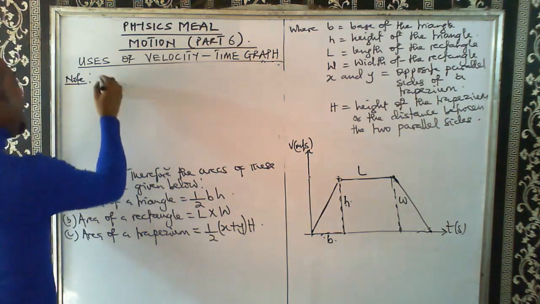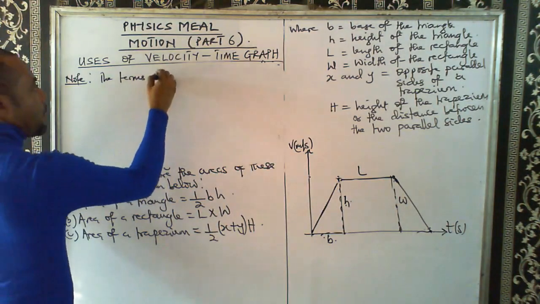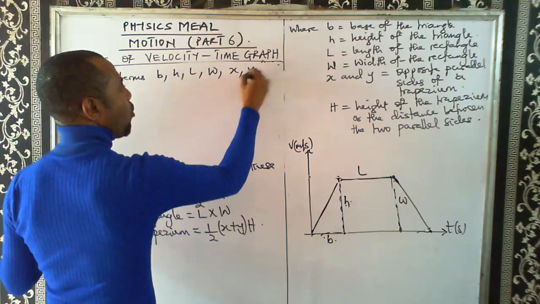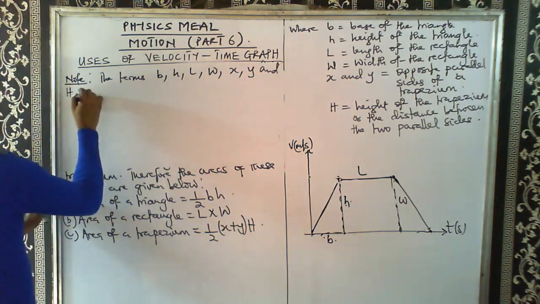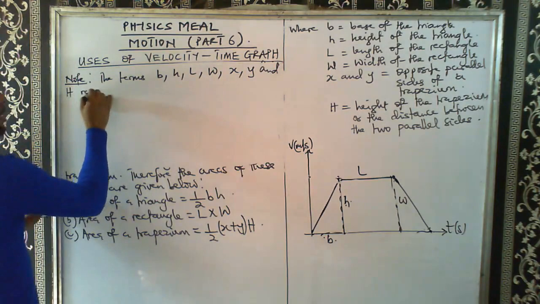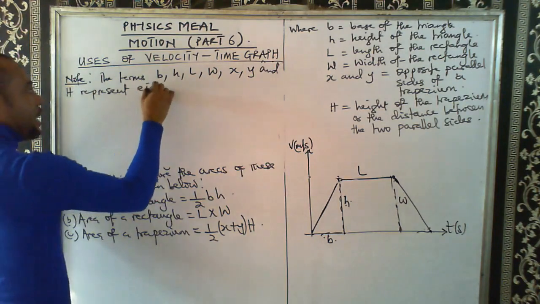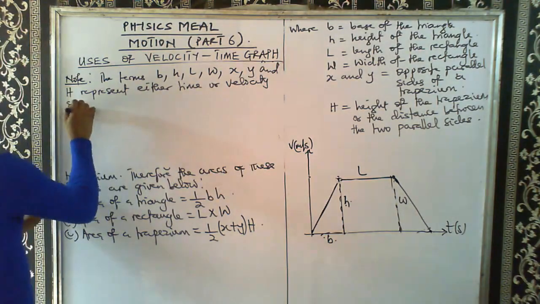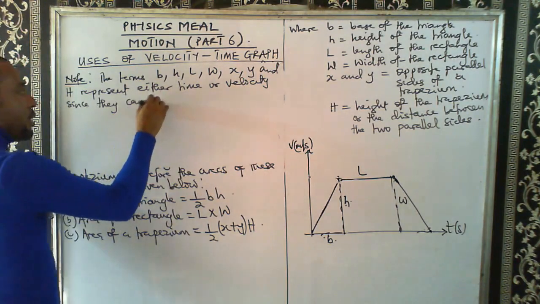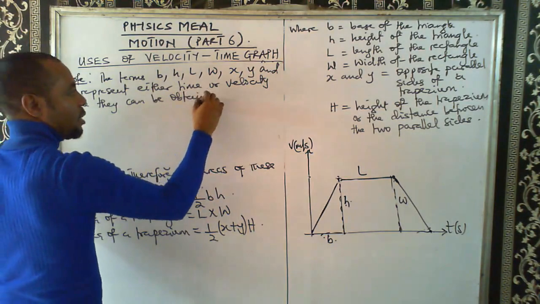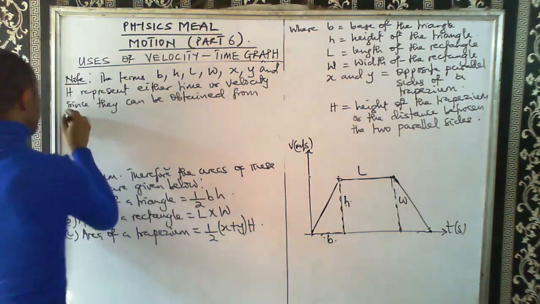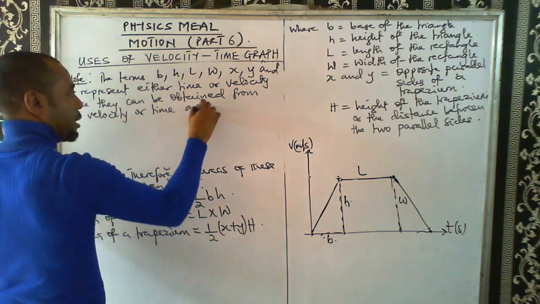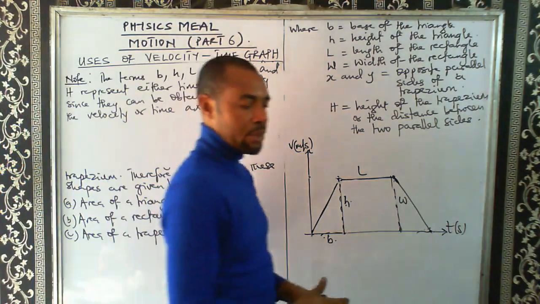So note the terms b, h, L, W, x, y, and h represent either time or velocity, since they can be obtained from the velocity or time axis. Very important.